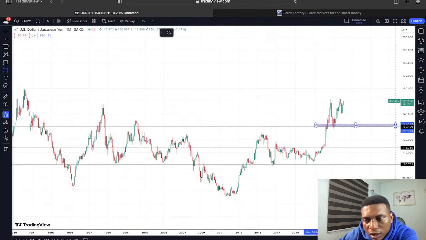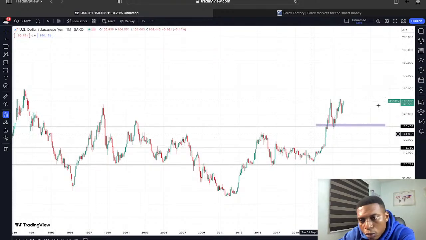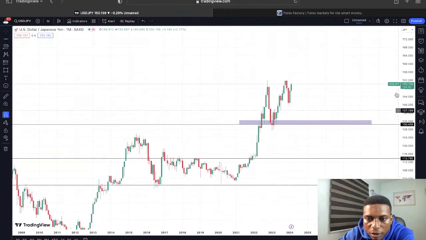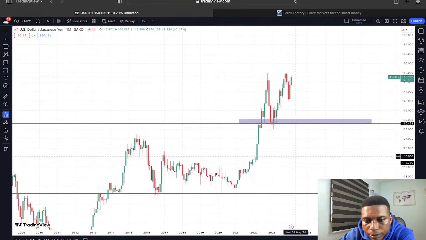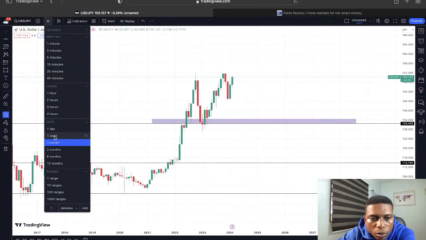Since this is a monthly time frame, a bulk of the information we need is in the recent market moves here. Now let's go down to the weekly time frame.